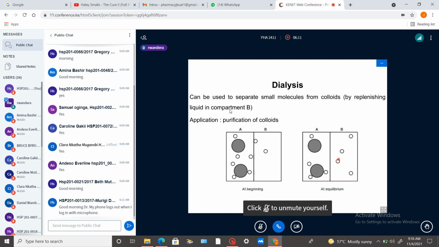So when you replenish the fluid in compartment B, so that you reduce the concentration of the small ions in this compartment, the small ions in compartment A will go through the membrane, and eventually you'll end up with a pure colloidal solution in compartment A. So we can use this phenomenon in purification of colloids.